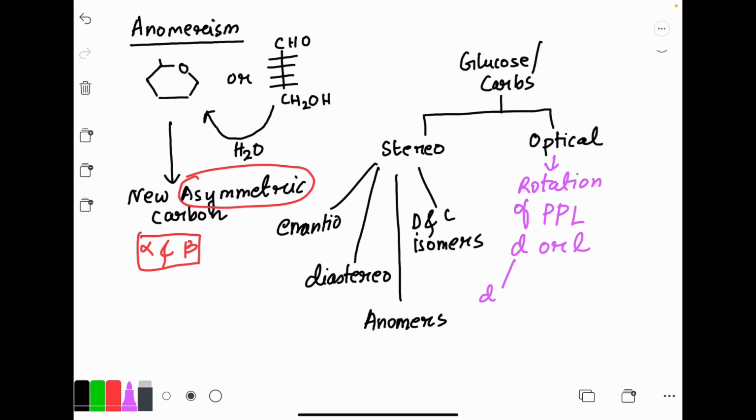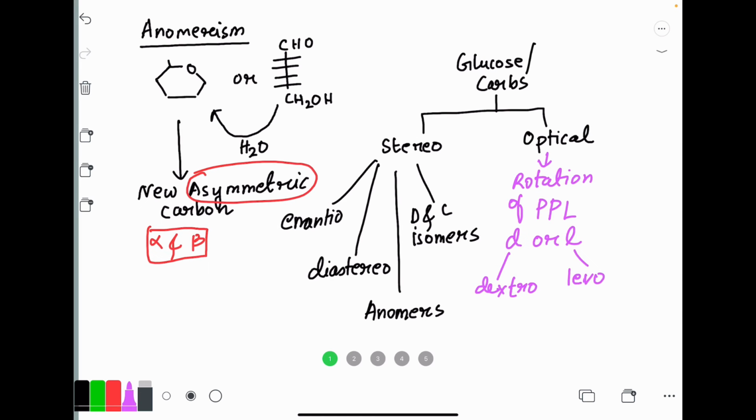Dextro means it rotates the plane polarized light towards the right side, and levo means it rotates the plane polarized light to the left side. There is a spelling mistake here, it would be levo. So the stereoisomerism part is done.